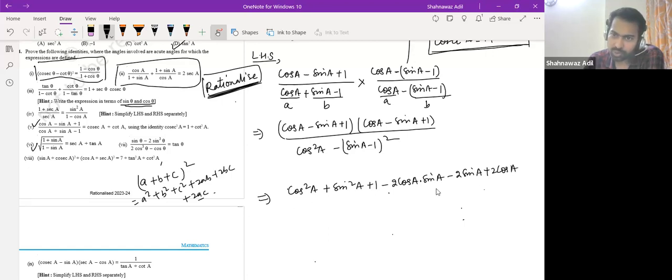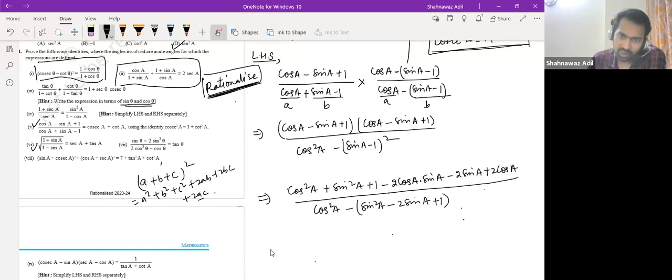So this would be the numerator, and in the denominator, what do we have? We have cos square a and then minus of sine square a, minus of 2 sine a and plus of 1. Right. So this is what we have.